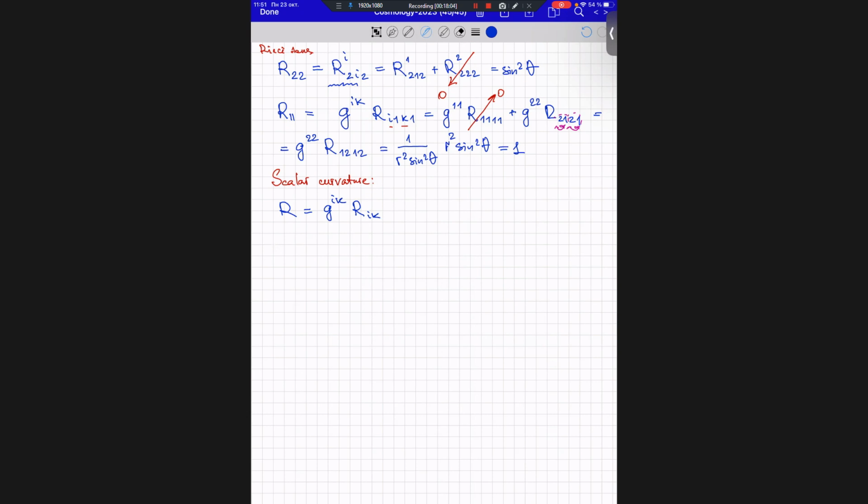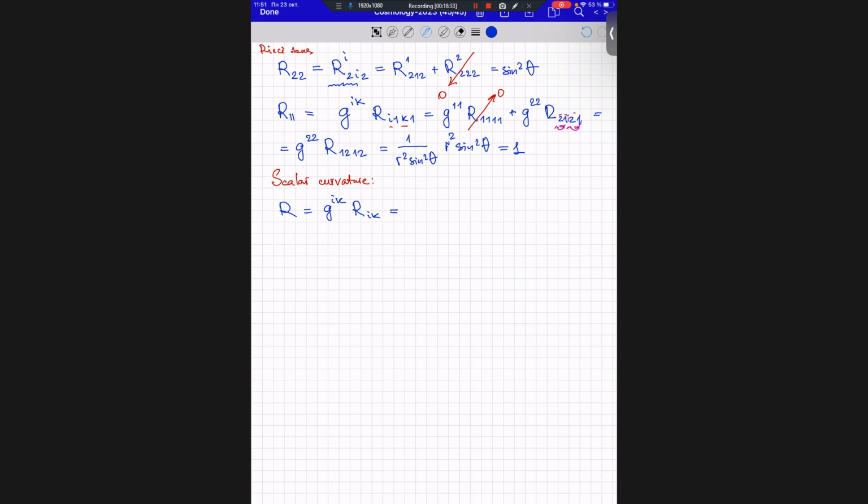Here i and k are summation indices. Now you will understand why I don't care about the components of the Ricci tensor with unequal indices. In this summation, of course, I could put i equal 1, k equal 2, and so on, but not obviously the same.